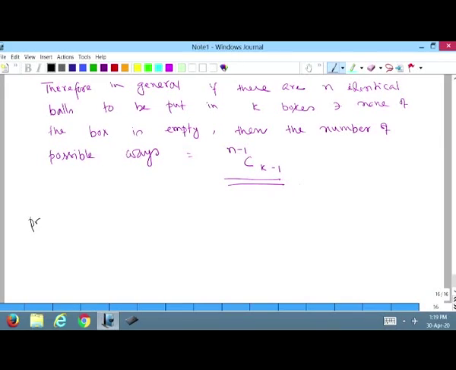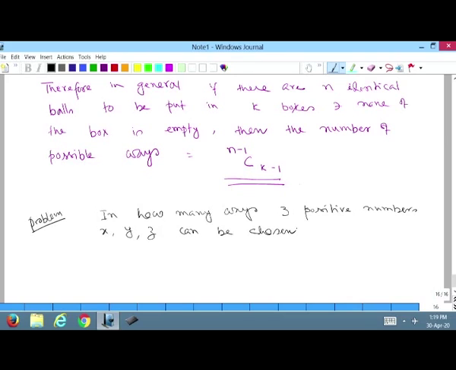So, let us solve a problem based on the same principle. In how many ways can three positive numbers x, y, z be chosen such that x plus y plus z is equal to 15?